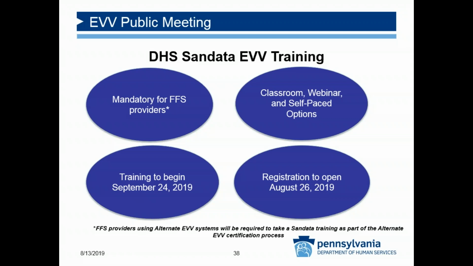And we wanted to note that for the classroom and webinar trainings, only 2 individuals per provider agency may attend, and those staff then will train the staff of the provider agency. And we are recommending that those 2 individuals that attend the training from the provider agency be administrators.